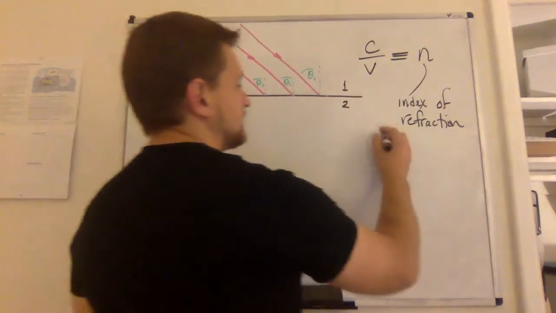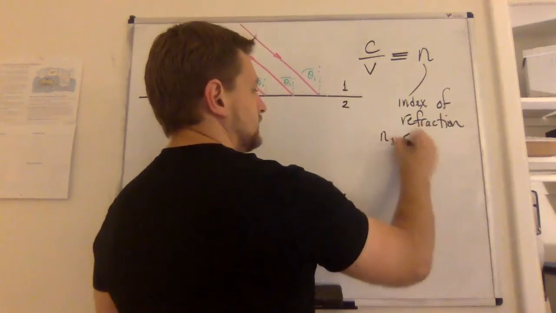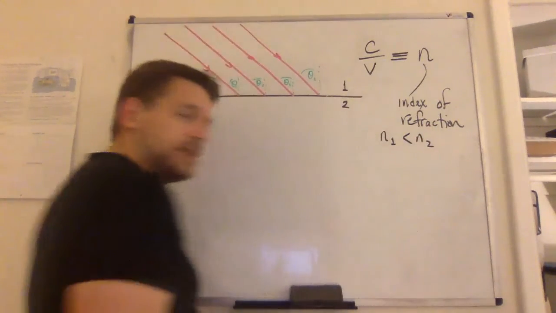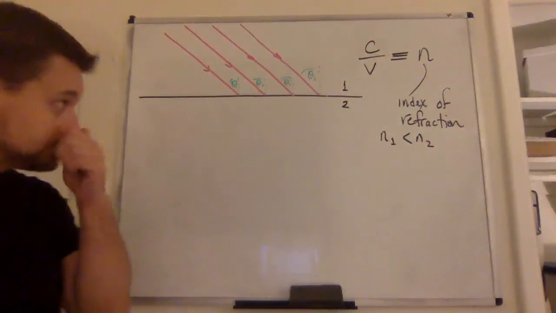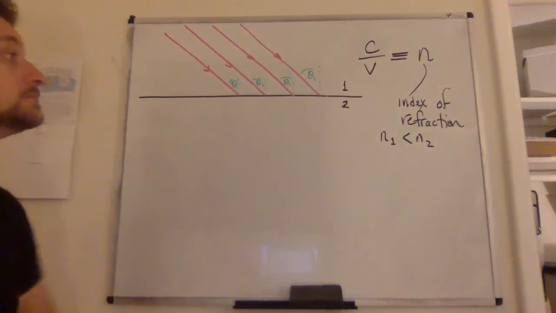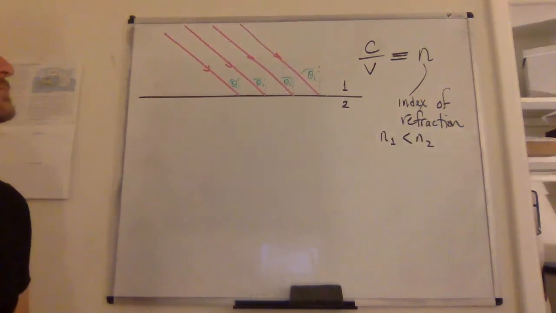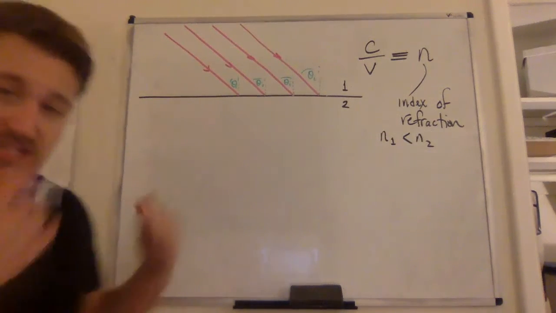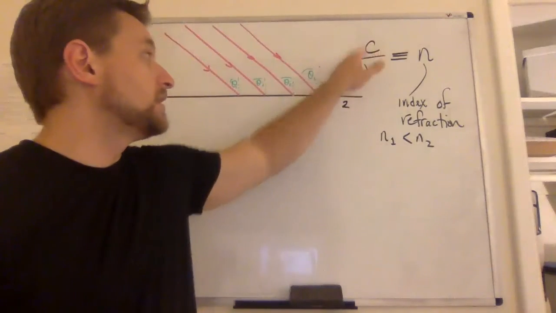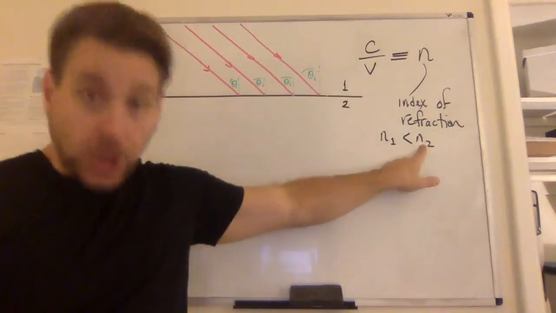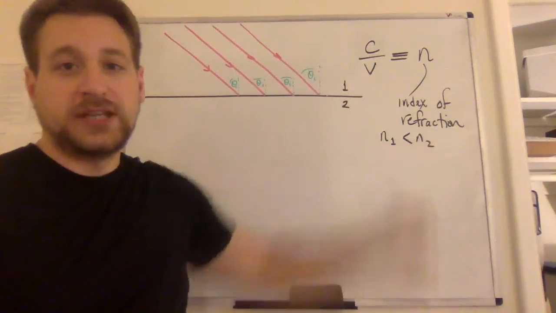So in this case, N1 is less than N2. The difference between the speed of light in a vacuum and the speed of light in the medium is larger for medium 2.